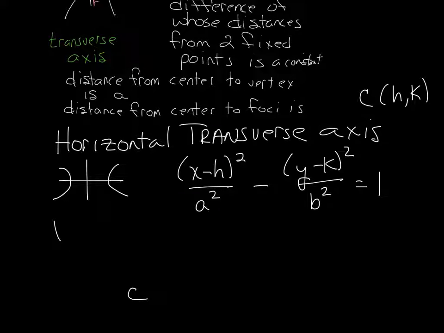We'll go ahead and give you the equation for the asymptotes. The asymptotes here, which are helpful in graphing the hyperbola, help us to know how wide or how narrow each branch is. The asymptote here is going to be y equals k plus or minus b over a times x minus h.